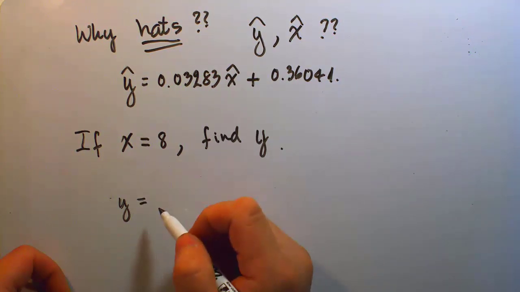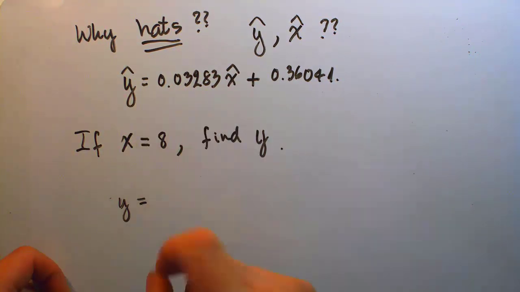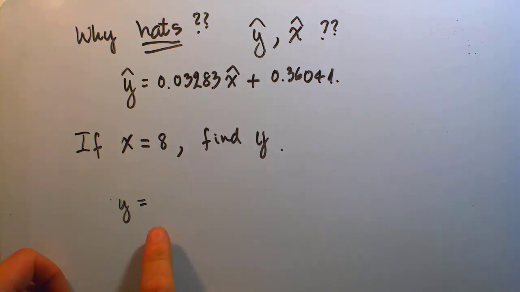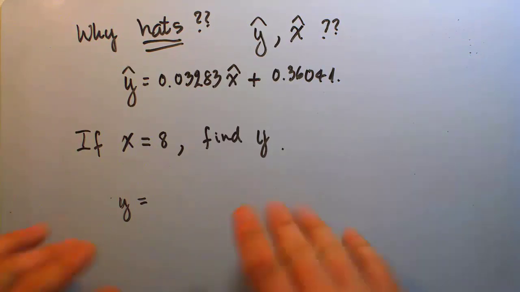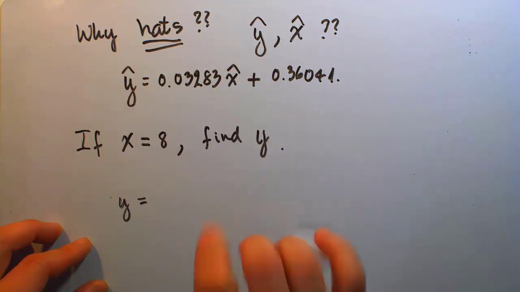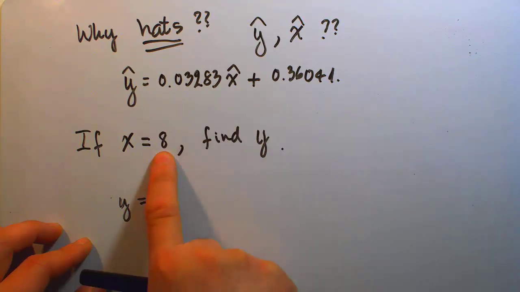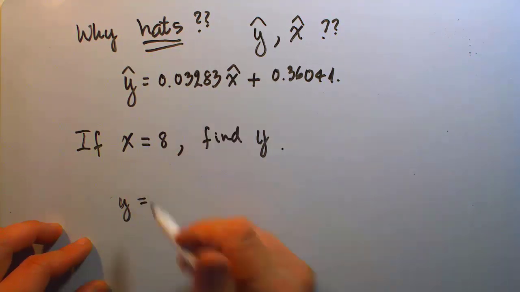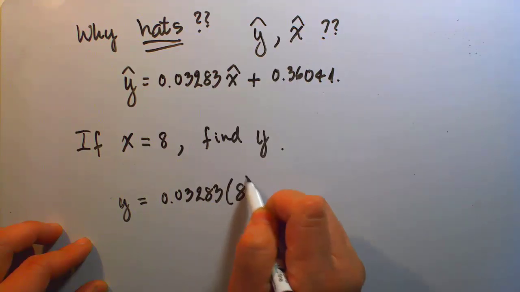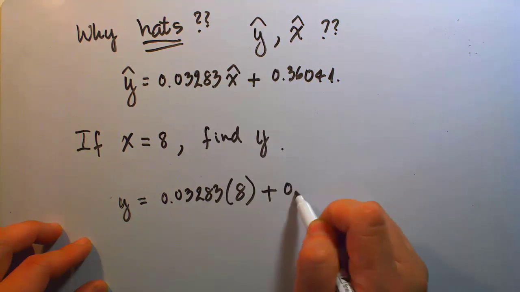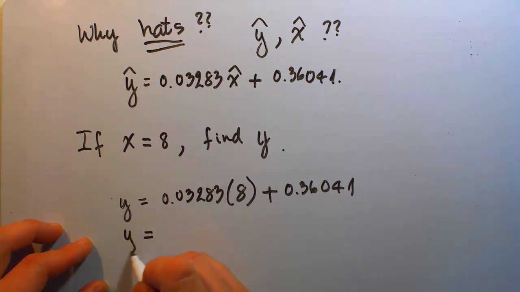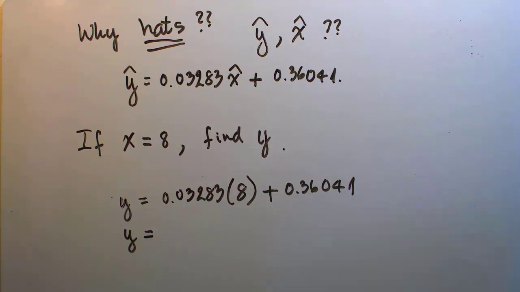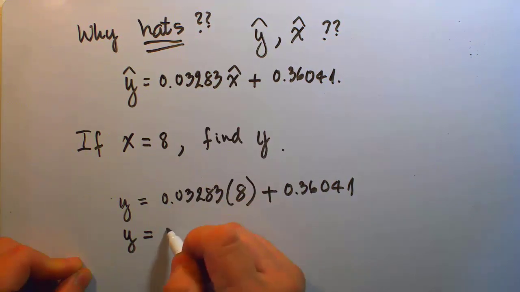For now, I'm not going to worry about hats, because I'm also trying to promote a problem and explain why we're putting hats over the variable. So let's say for now we just pretend that we ignore the hats here, but having an equation is useful. I'm going to substitute 8 into the equation. So here I have 0.03283 multiplied with 8 plus 0.36041, and then calculation shows y equals 0.62.